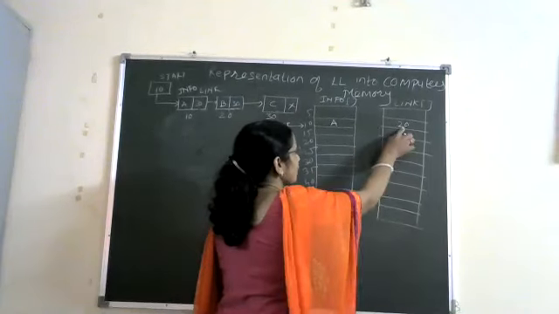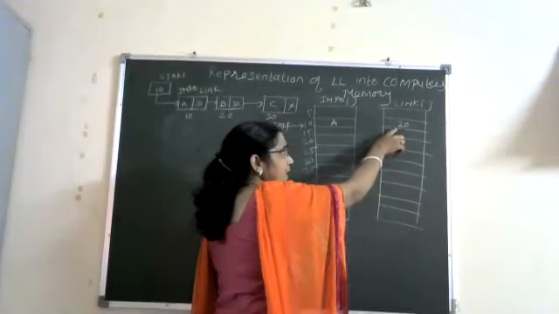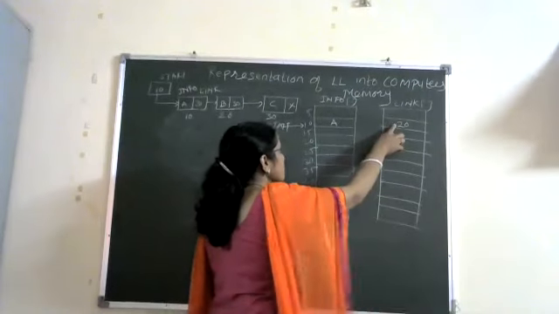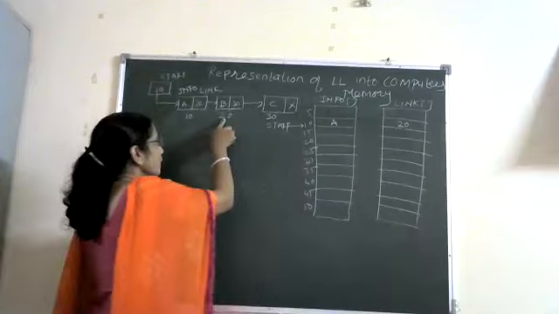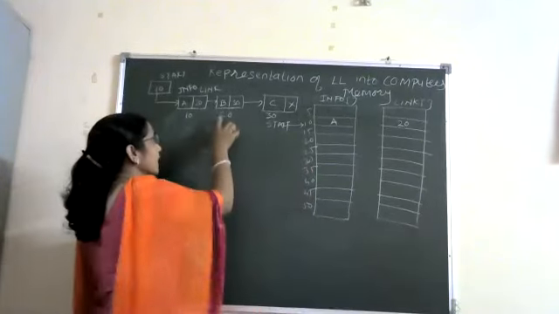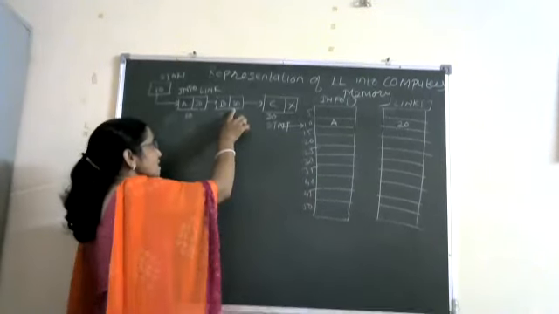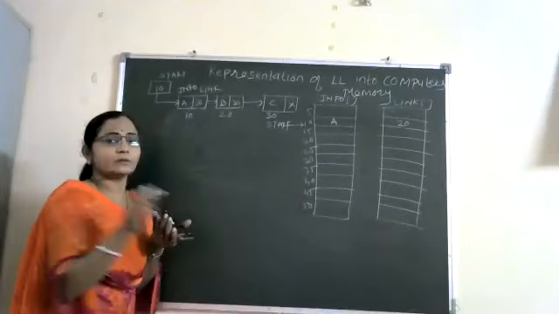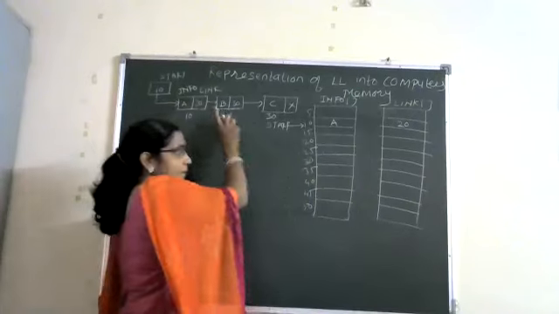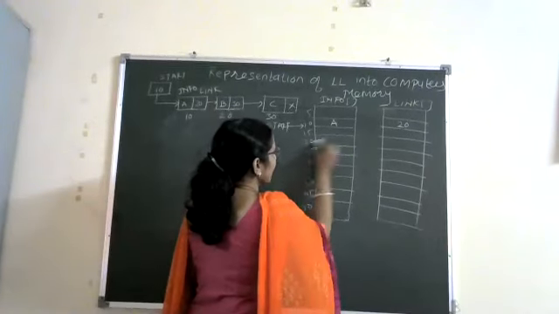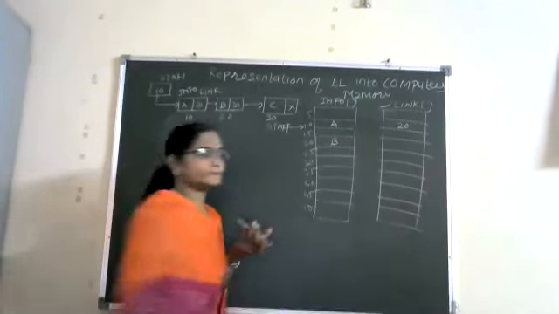The link part consists of 20, which means the next node is stored at the 20th location. So now you look at the second node, the node located at the 20th address. So what is the information at 20? B. So at 20, you write down B.